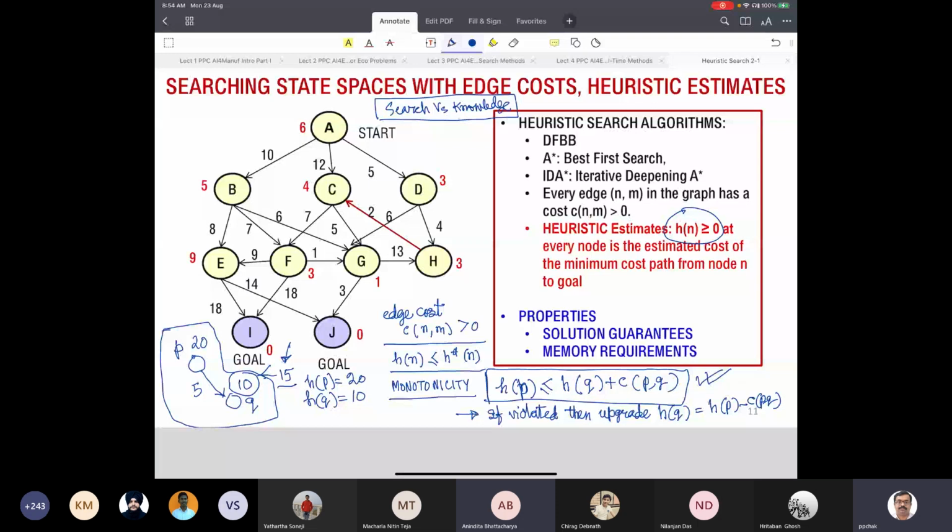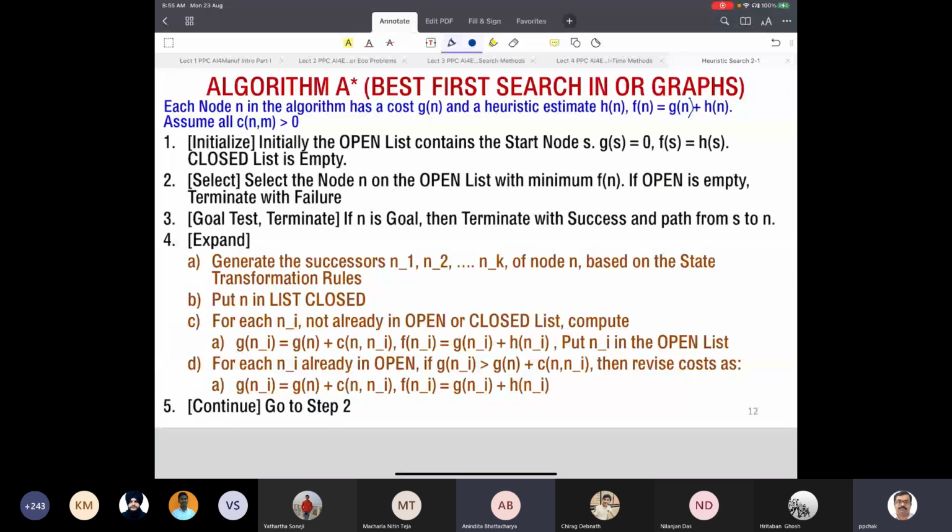We now modify the 5 steps of our traditional breadth first search algorithm to get what is called the best first search.